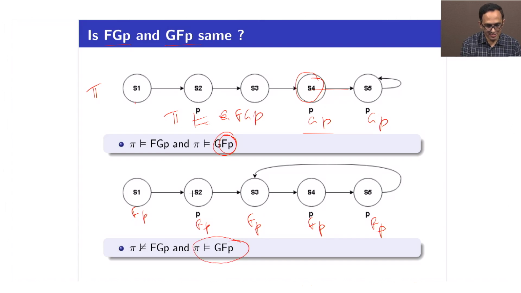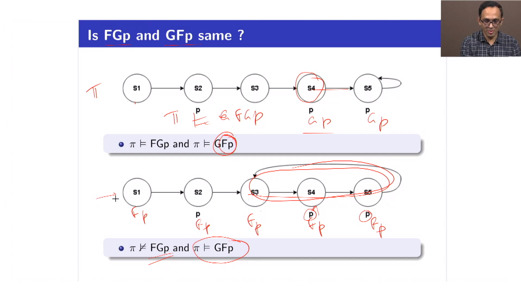Now, let me check in this path whether future globally p holds or not. I cannot find a state from where in all states p holds. For example, here p holds, p holds, but p does not hold here. If you take this loop, in this path I cannot say that in this state globally p holds, in this state globally p holds, because I always come back to S3 where p does not hold.